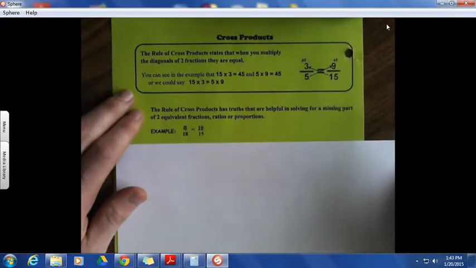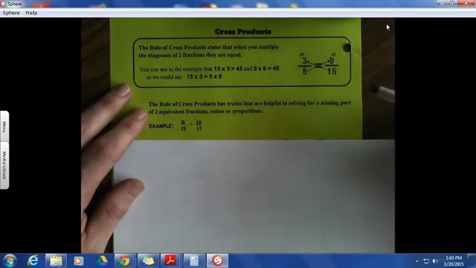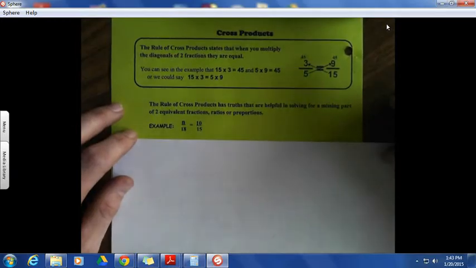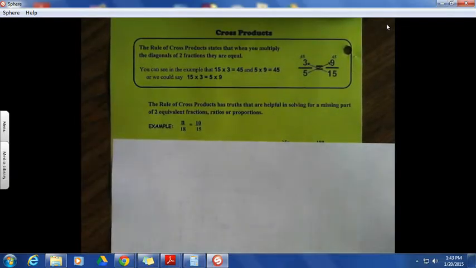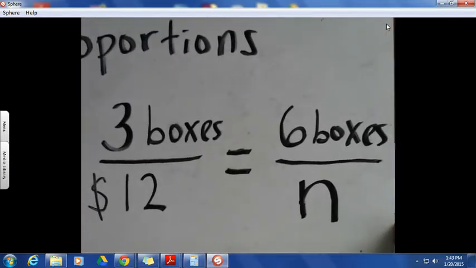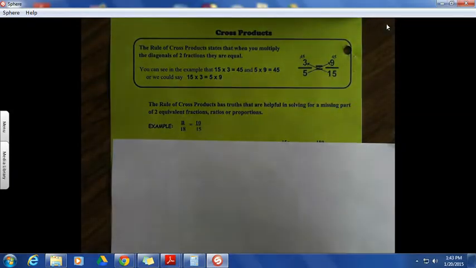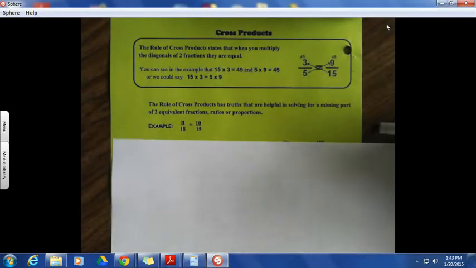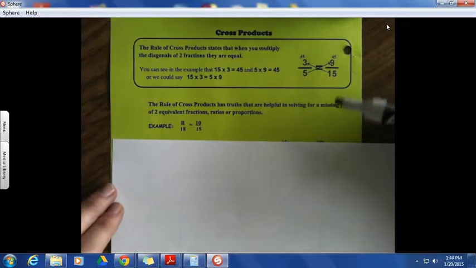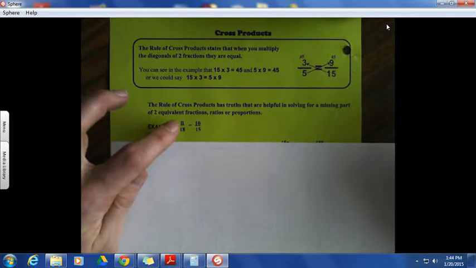The rule of cross products has truths that are helpful in solving for a missing part of two equivalent fractions, ratios, or proportions. So this example that I gave you, these are equivalent fractions, or proportions. We're going to use the rule of cross products to find our answer. Here's the example that they give us: n over 18 equals 10 over 15.